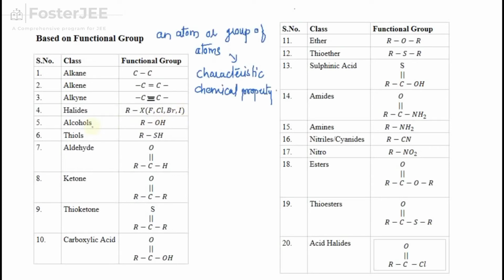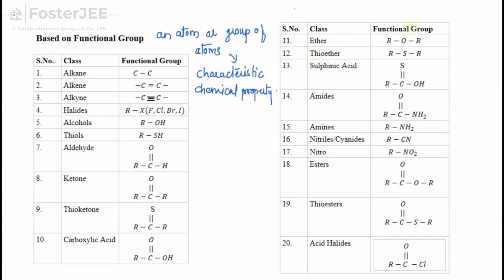Now the next one is alcohol. Here in alcohol the functional group is OH, which is attached with an alkyl radical. The next one is thiol. Thiol is similar to alcohol where the oxygen is replaced with a sulfur atom.